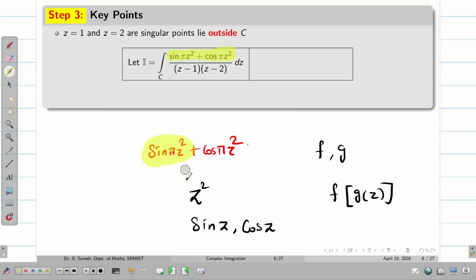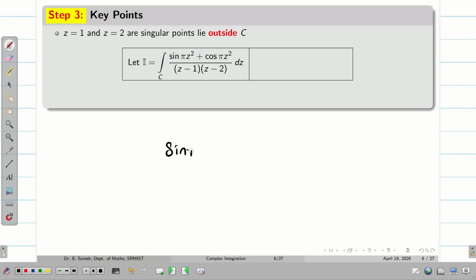Therefore, sin πz² is an entire function. Similarly, cos πz² is an entire function. And sin πz² + cos πz² is also an entire function. So, sin πz² + cos πz² is analytic inside and on the given C.